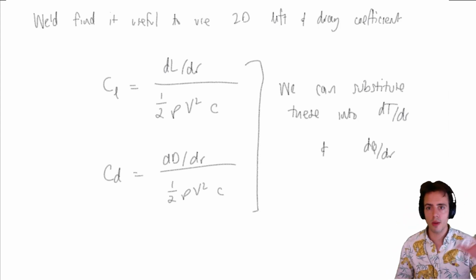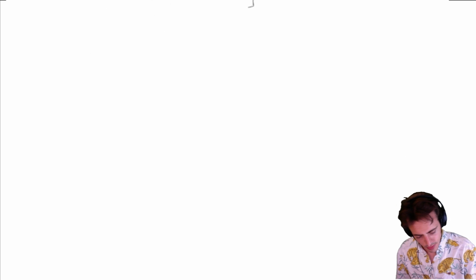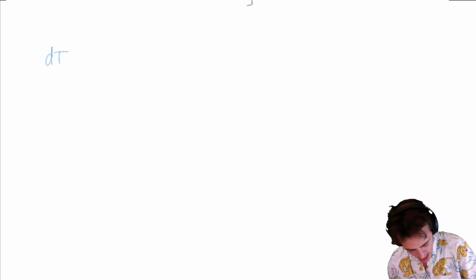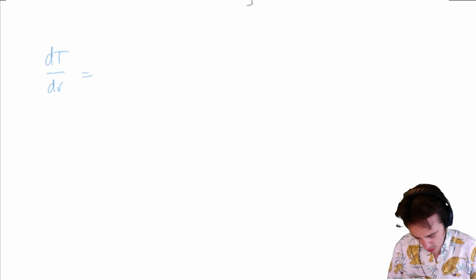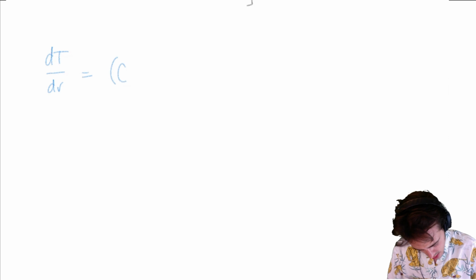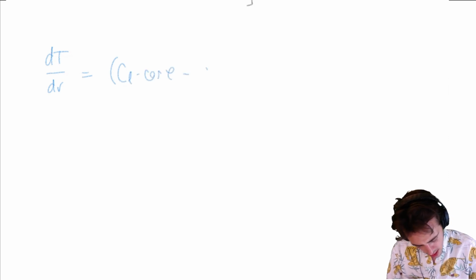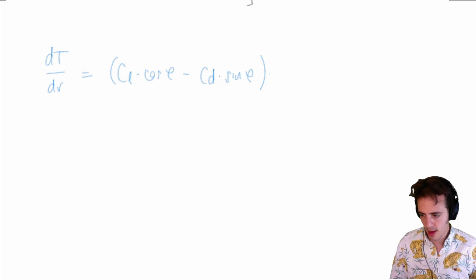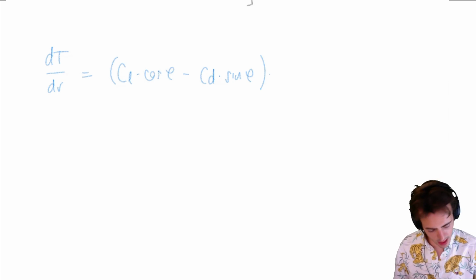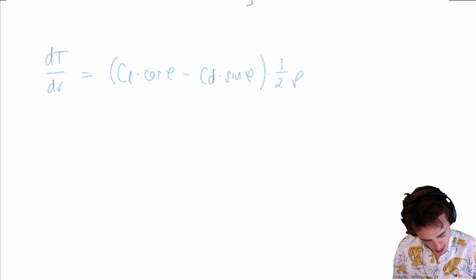So we can take those and substitute them into our expressions. So dT on dr is equal to Cl cosine phi minus Cd sine phi, and then we multiply this by half rho VR squared c.